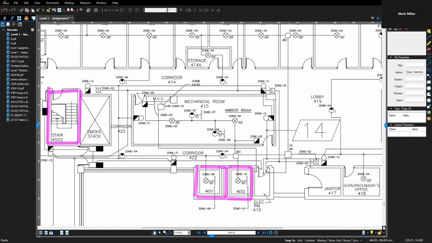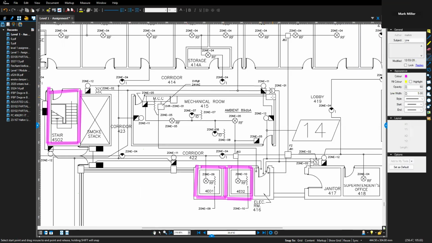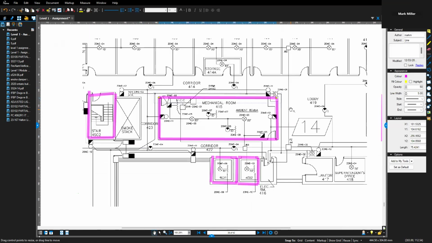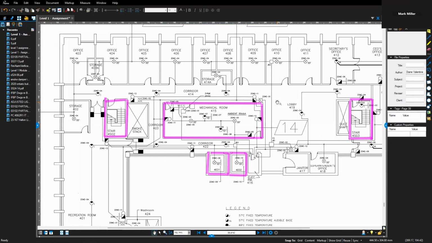Okay, right? Because I've got fire zone 5 here, fire zone 4. So this one is out of the ordinary. This is not a common occurrence for a mechanical room to have its own fire zone. But this building happens to have it. The electrical room doesn't have its own fire zone though.